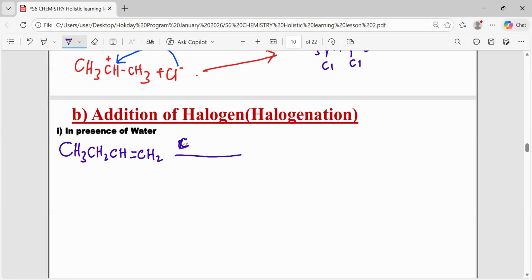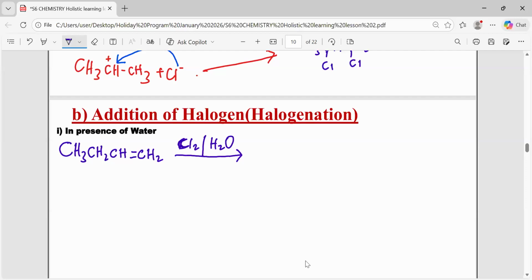Okay, let's first use chlorine. Chlorine in presence of water. The other side was in presence of carbon tetrachloride, which is an inert solvent. Now this time round it is chlorine. What is the product first?